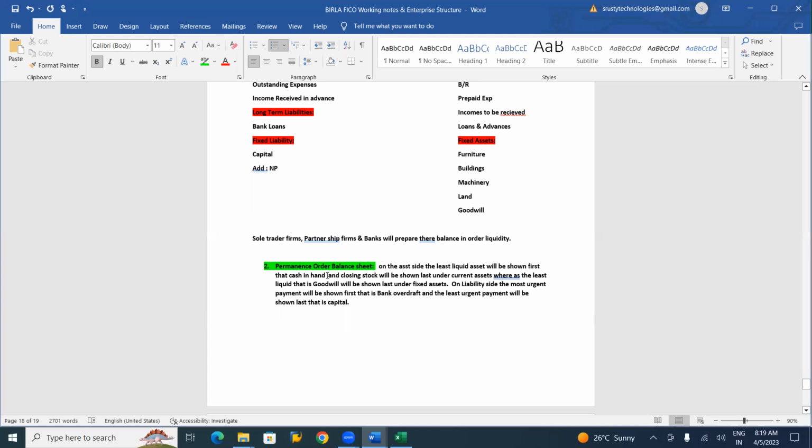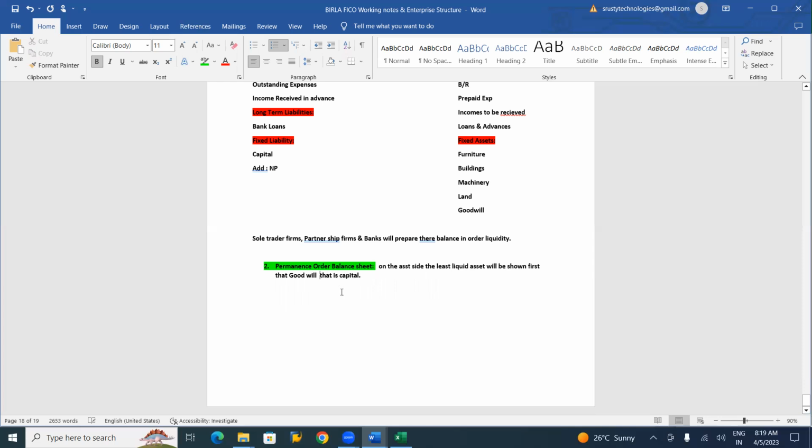On the asset side, the least liquid asset will be shown first.